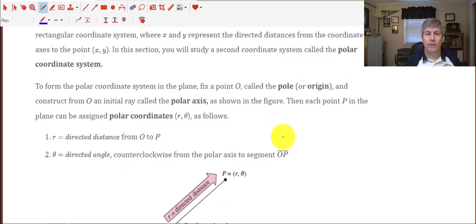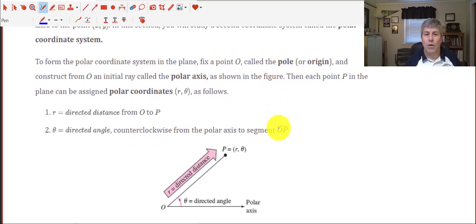And the polar coordinate system has a little bit different setup. We will have an origin, or a fixed point, called the pole. And we'll construct from that origin an initial ray called the polar axis. So the polar axis is what we would remember as our x-axis from the rectangular coordinate system.